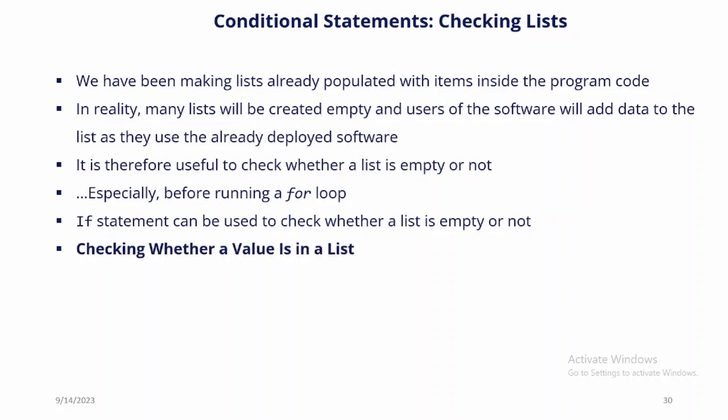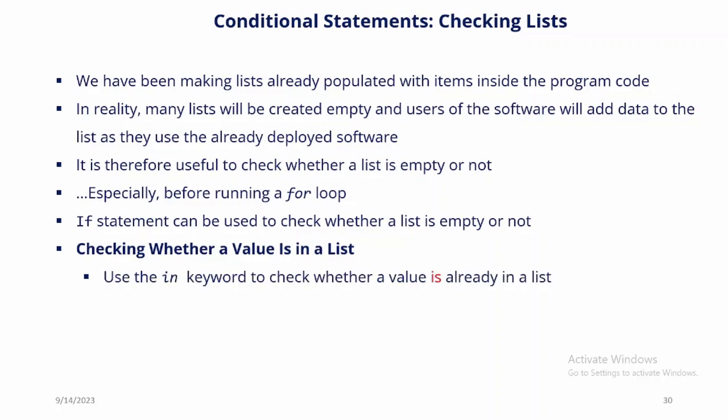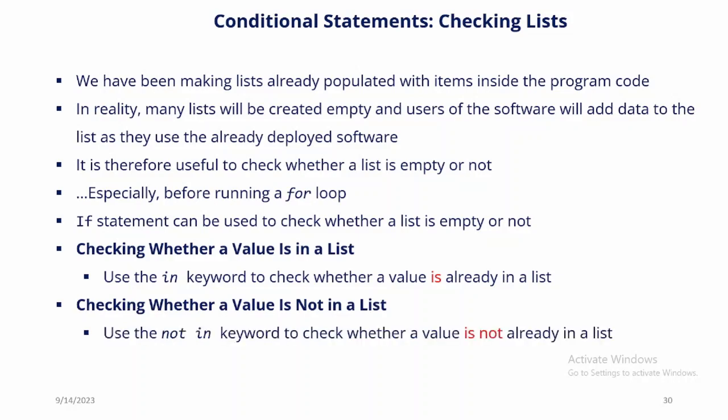We can also check whether a specific value is inside the list. To do that, we use the in keyword. We can also check whether a value is not in a list. To do that, we use the not in keyword.